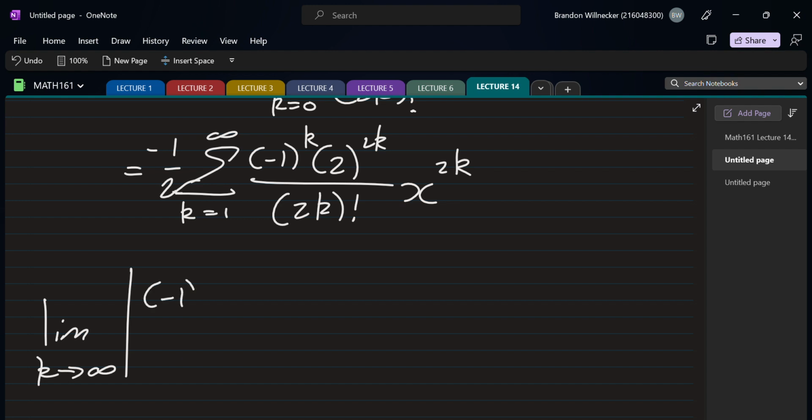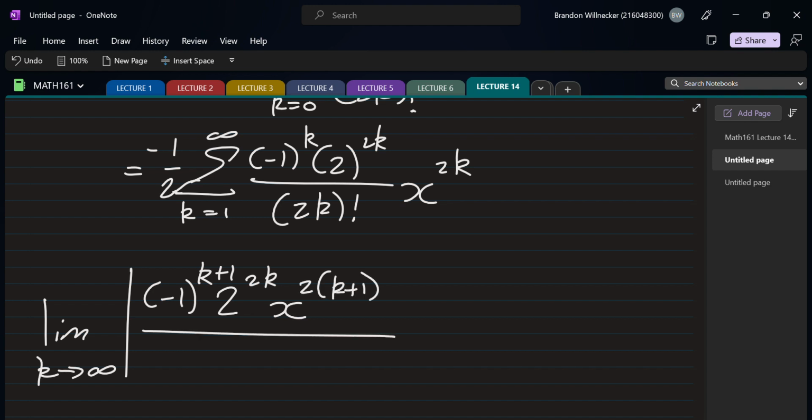So that will be minus 1 to the k plus 1, 2 to the 2k, x to the 2k plus 1, in brackets like that, all over 2 times 2 times k plus 1 factorial. So wherever there was the k, I'll put the k plus 1.